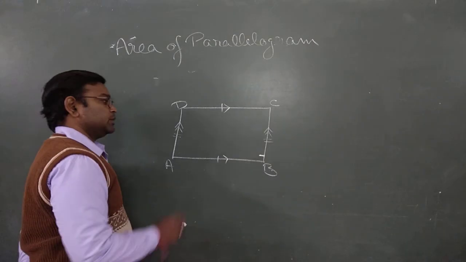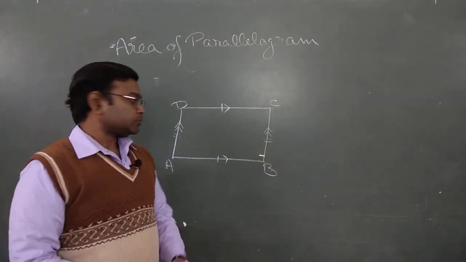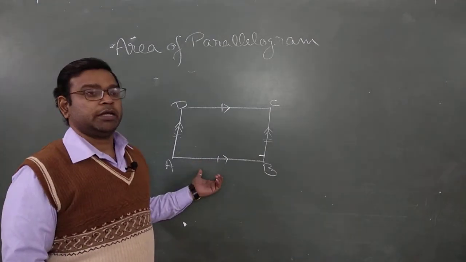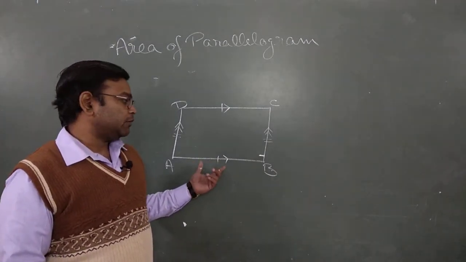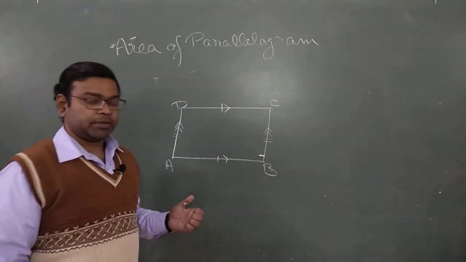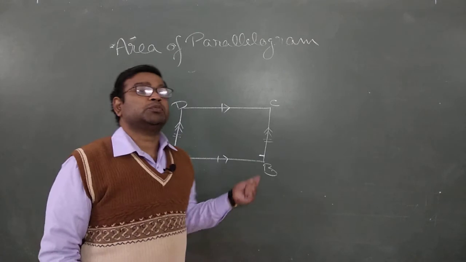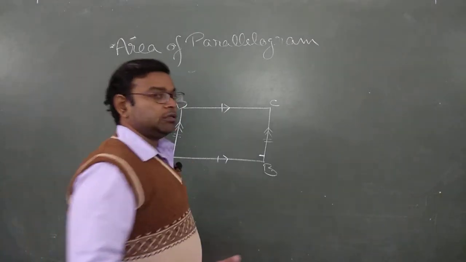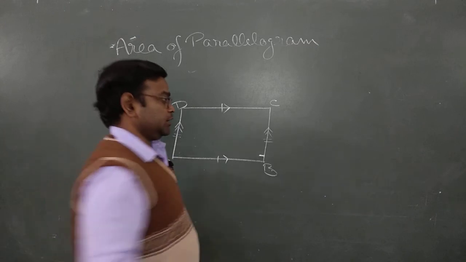If we have a figure in a parallelogram shape, how do we find the area of that parallelogram? For finding the area of a parallelogram, we need a base and a corresponding height. What is the concept of base and height?